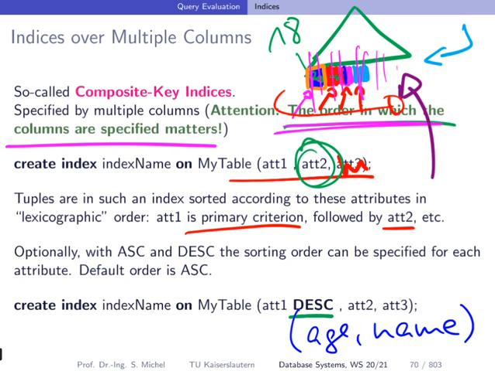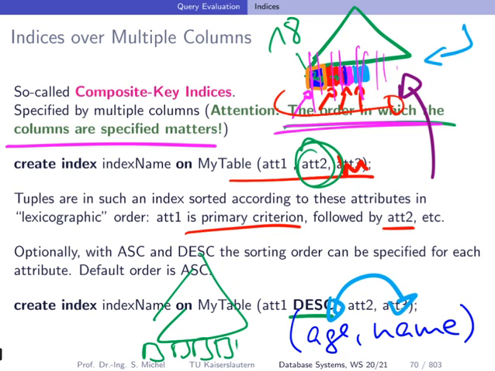If the index would be defined by name and age, so we reverse this, then you have one group of people or students. Let's say, again drawing this, we have here all these groups as indicated above. And there's one group here, Smith is a bit further on the alphabet, like here.